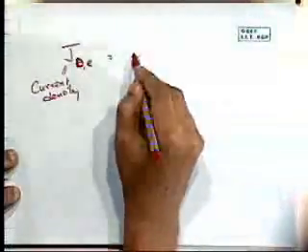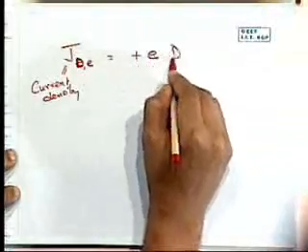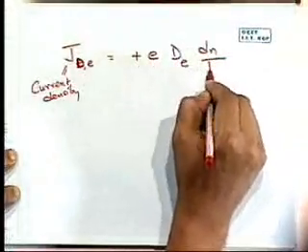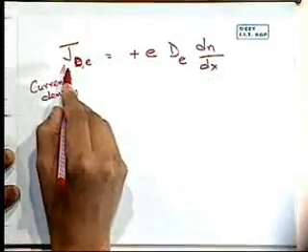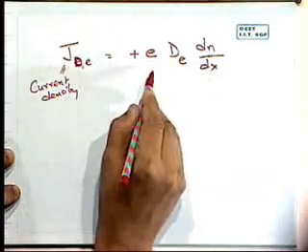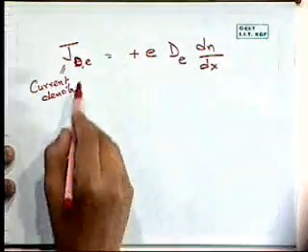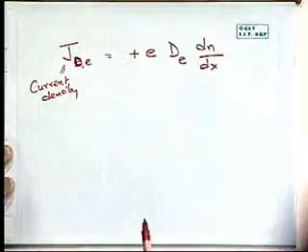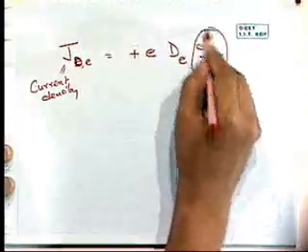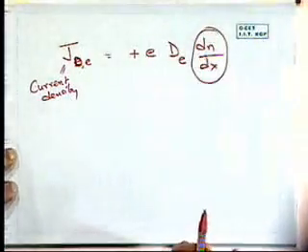So in this case, it will become plus e D_e dn/dx. We are now talking of actual current, not of electron flow, and that's why we are multiplying it by the negative sign there to account for that, right? So this is the diffusional current density in the presence of a concentration gradient dn/dx.